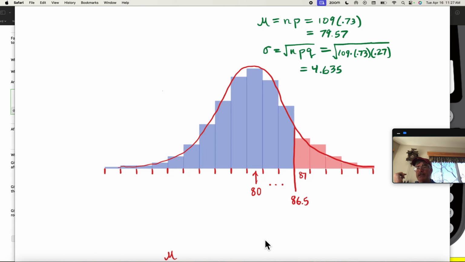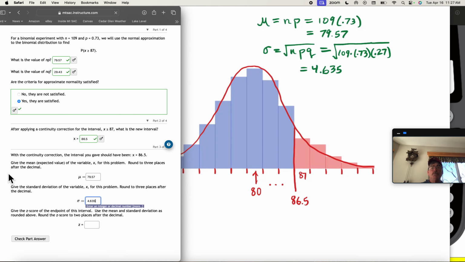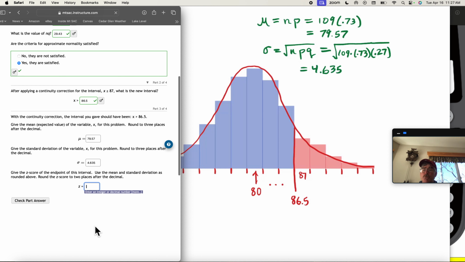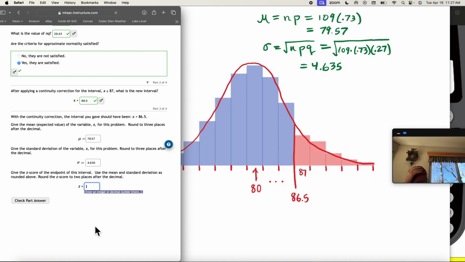Okay, and then back to this. I think we can key all this in. So the mean 79.57, 4.635, and now we need the z-score of 86.5. Okay, so back down here, the z-score formula is x minus mu over sigma. So x was the 86.5.